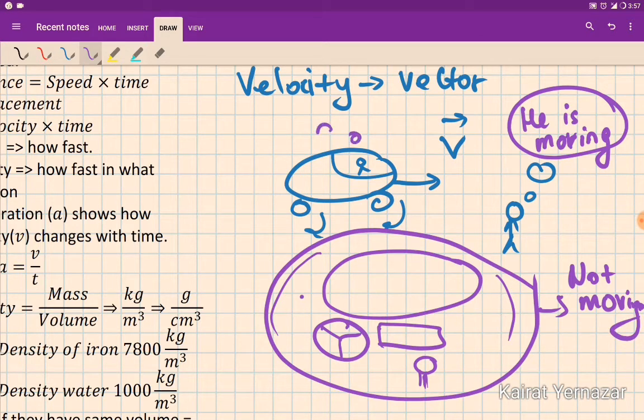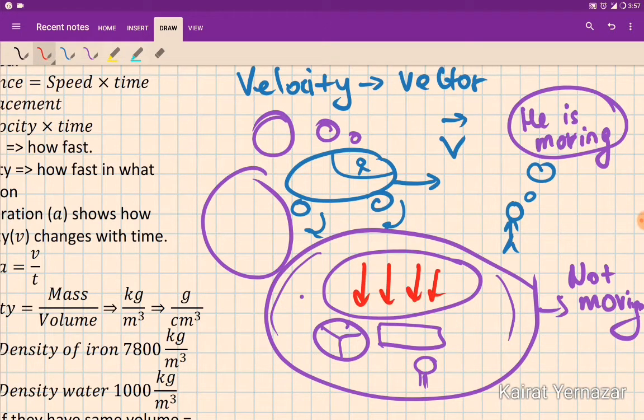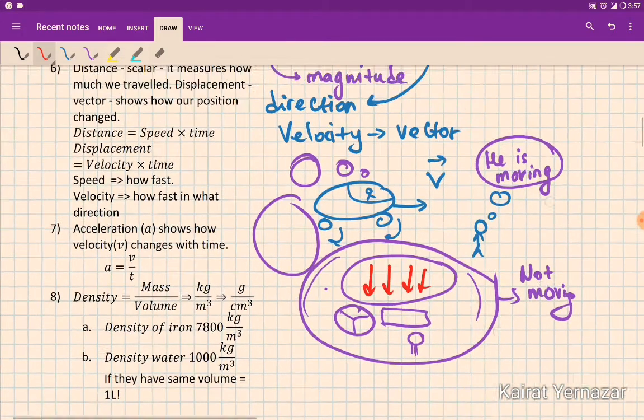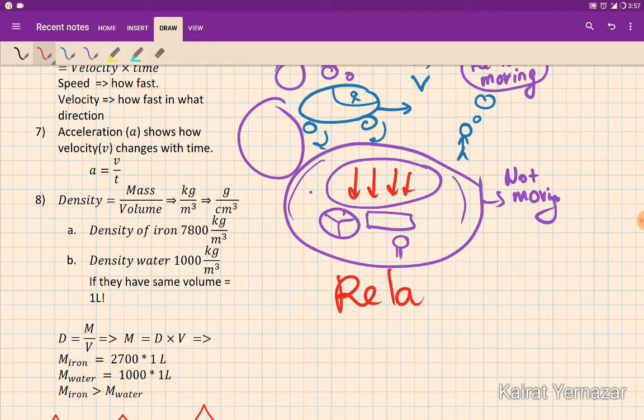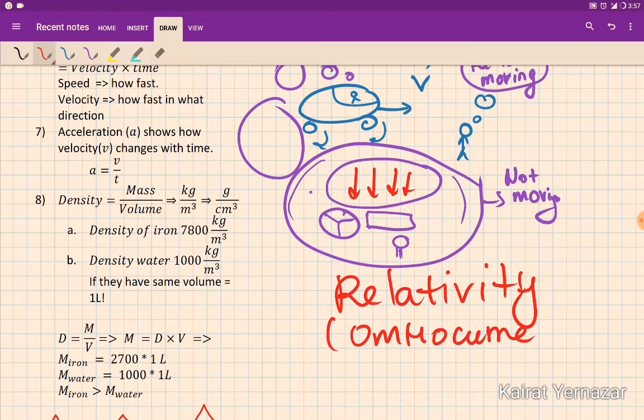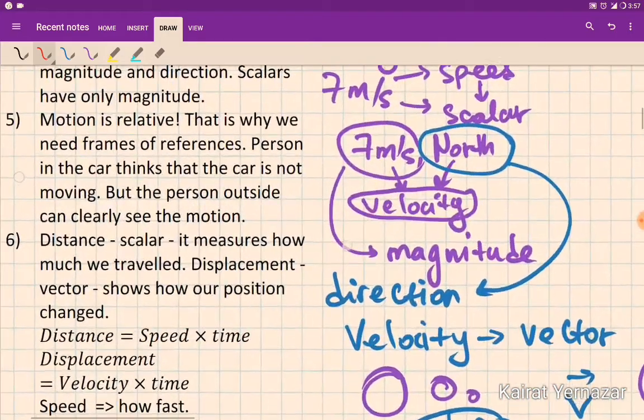So this person thinks that all of this is not moving, but he knows that he is moving. What this person sees is that the road is approaching him. It looks like the road is moving toward him. So this is what? Relativity.